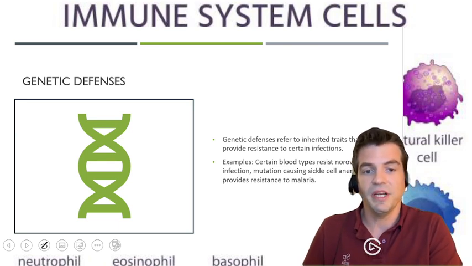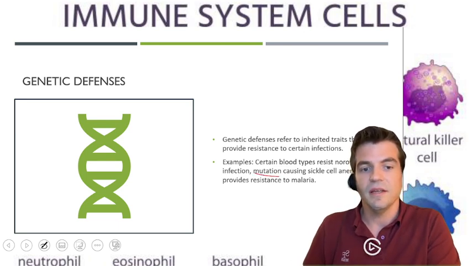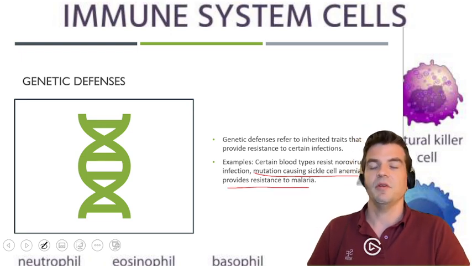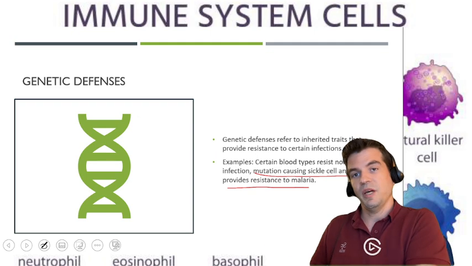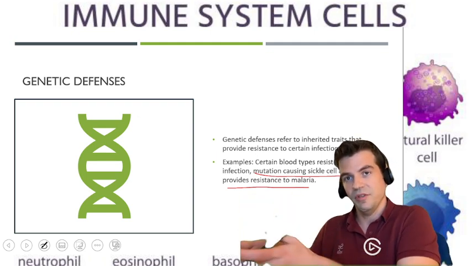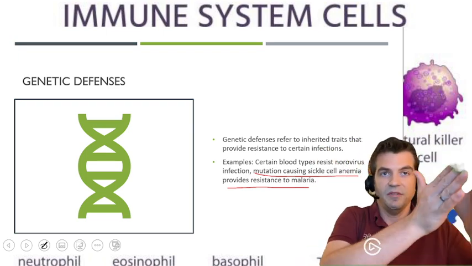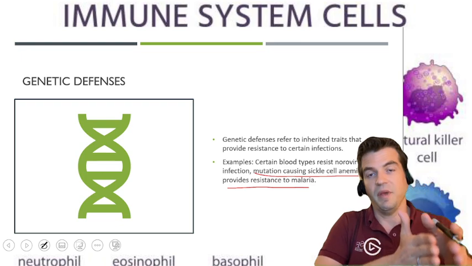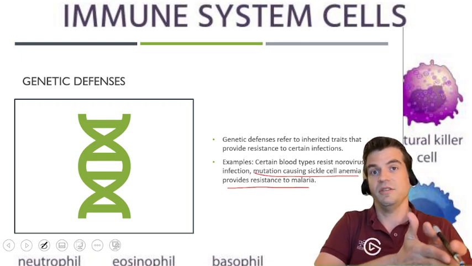And these genetic defenses include the ones like sickle cell anemia that provide resistance to malaria. And remember, if you have 2 copies of sickle cell, you're going to be sick naturally. If you have no copies of the sickle cell gene, you are susceptible to malaria and may die before you can pass on your genes.